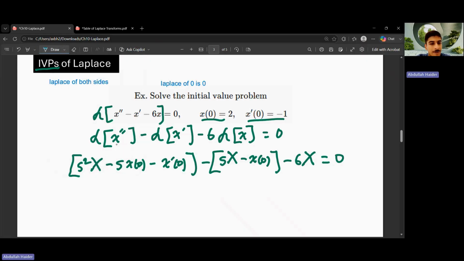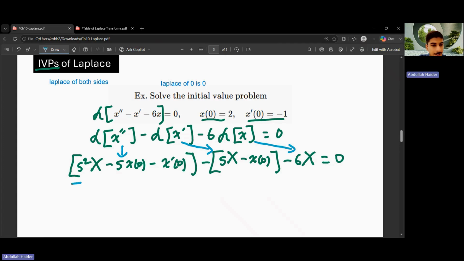So you found that the Laplace of x double prime leads you to this, the Laplace of x prime leads you to this, and the Laplace of the small x by itself leads you to 6 minus 6 big X. And now we will first substitute our initial conditions.